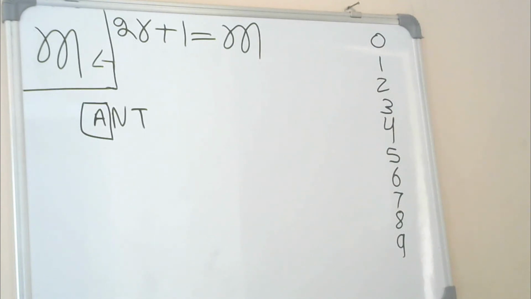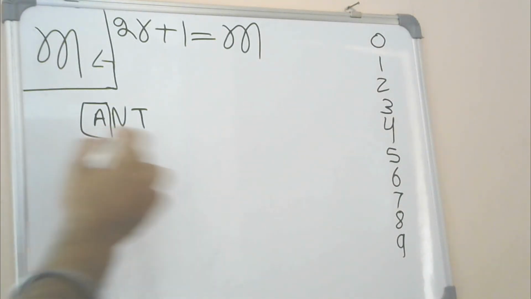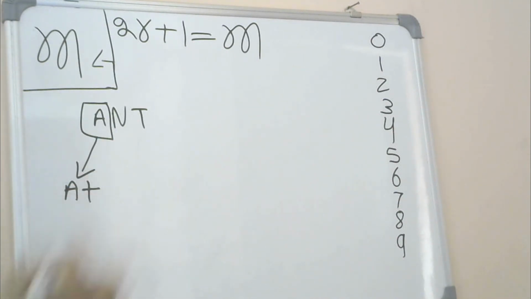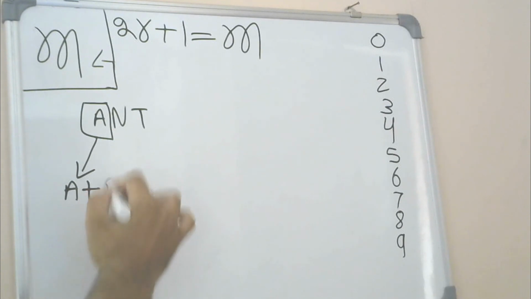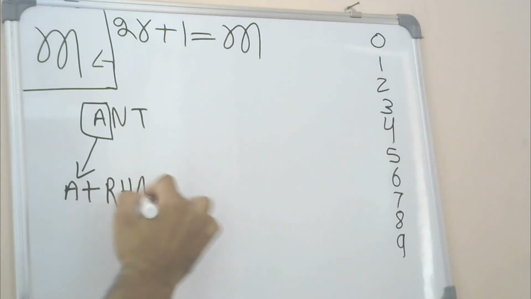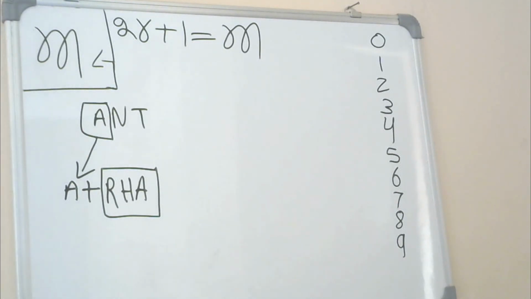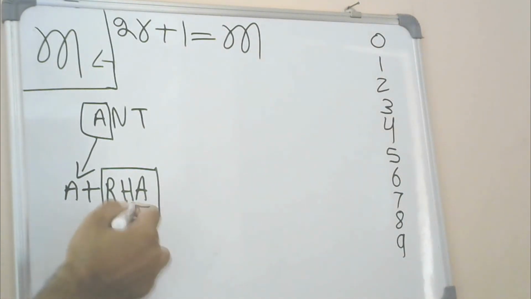Ant. Not A, but A. That A in ant, I am going to get, and then I will have Ra. So just remember this thing and how it is pronounced, because it was used in the first letter also. U, Ra. A, Ra. So that Ra sound you are going to get from this word.